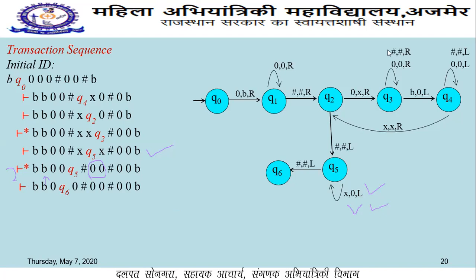So for this, when we read 0 at q6, we take a left turn without changing this 0, and this time again we change the state, because we need to process this again.